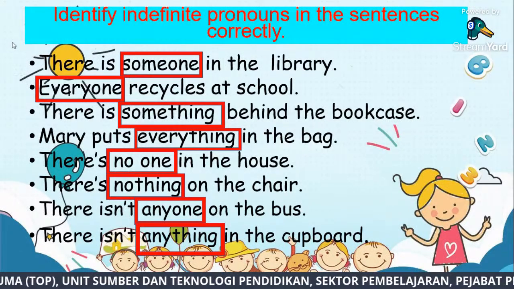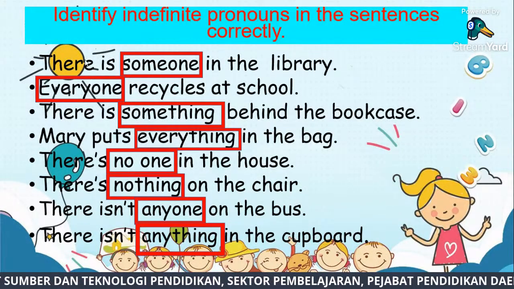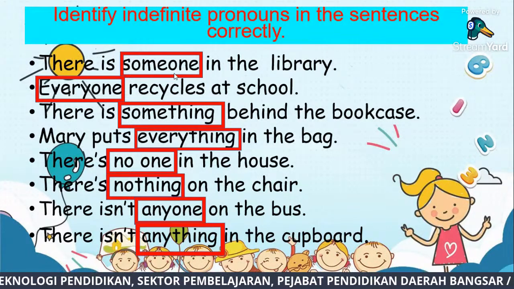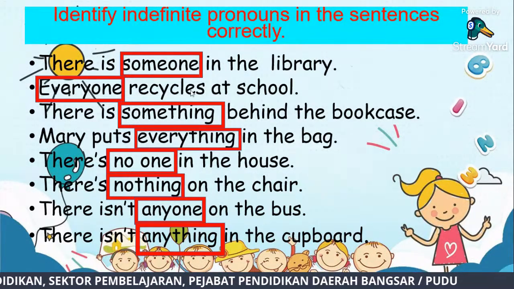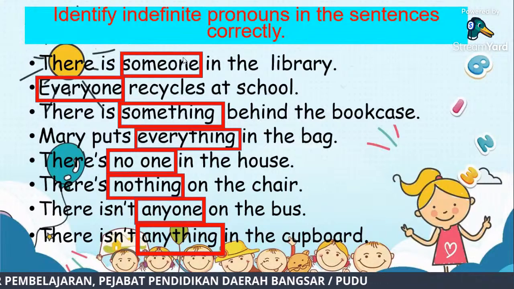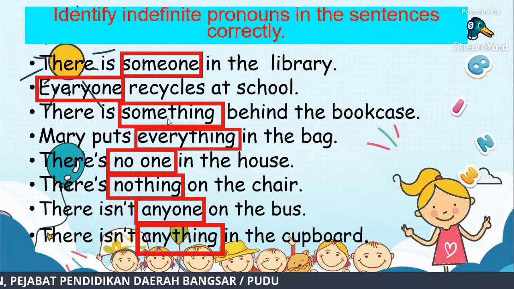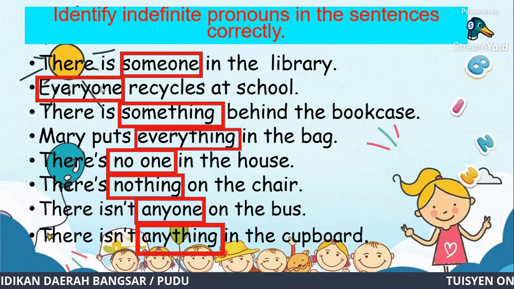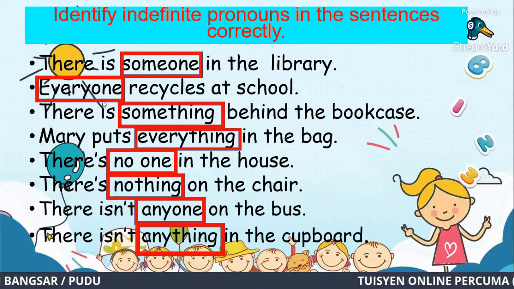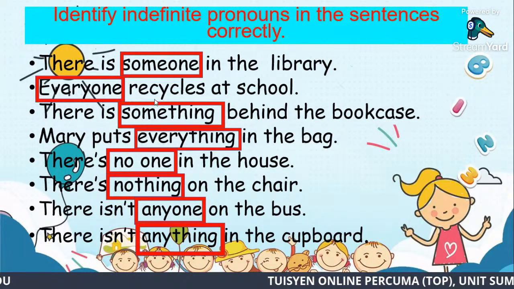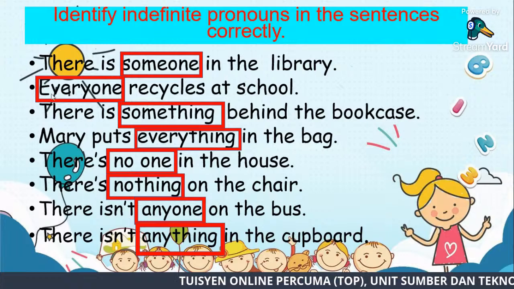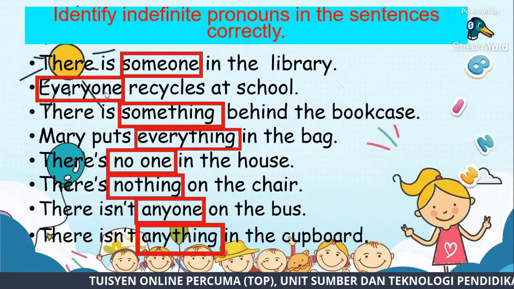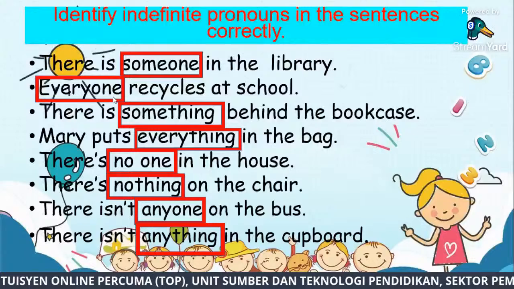Okay, so if you notice here, we are talking about a person, right? So that's why we use someone here. Everyone recycles at school, so we are talking about each and every person in the school. So that's why we use everyone here, which is referring to people.